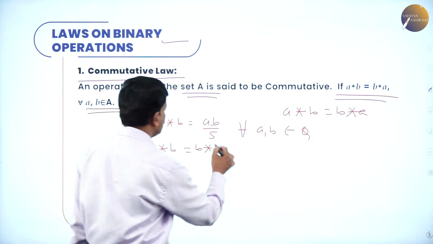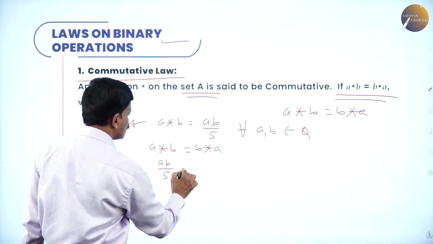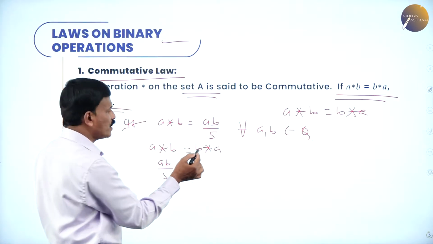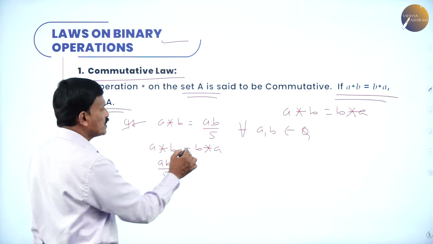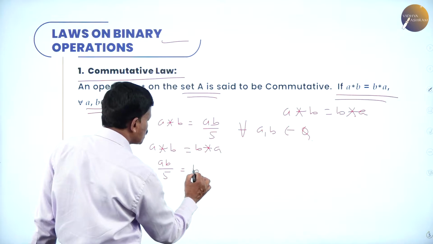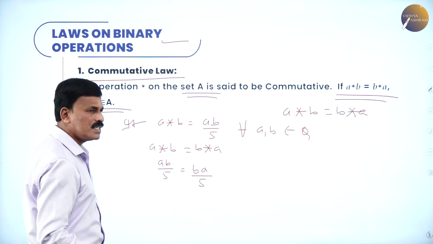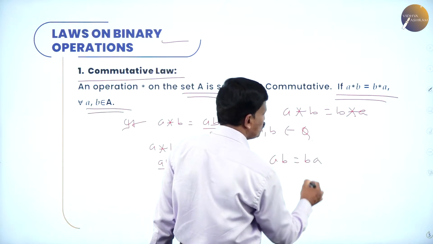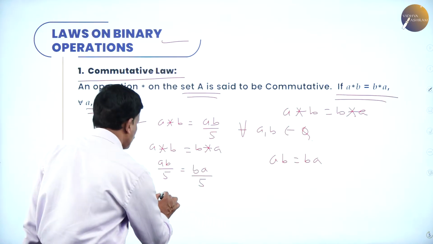Since A star B is equal to AB by 5, the first element is A, the second element is B, first element into second element divided by 5. B star A means the first element is B, the second element A, divided by 5. As we know, A into B is equal to B into A. So AB by 5 is equal to BA by 5.